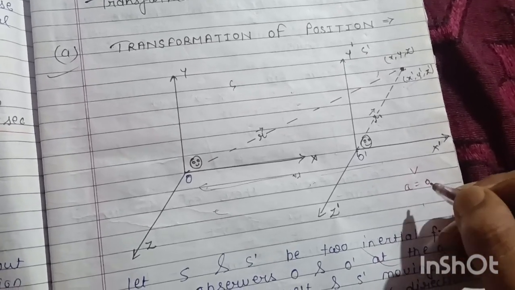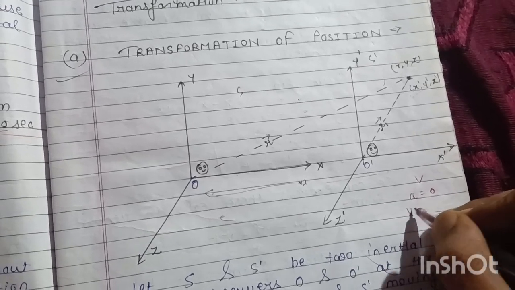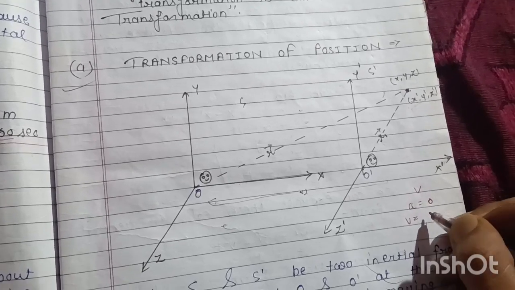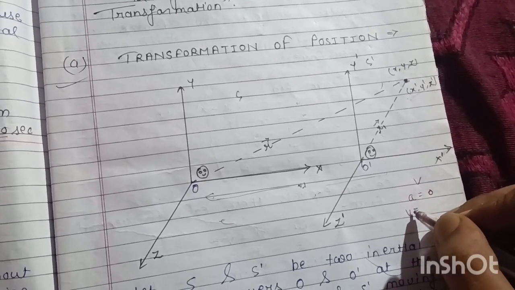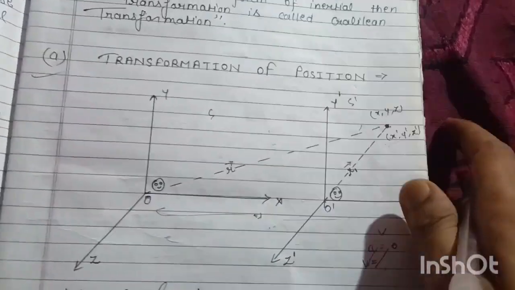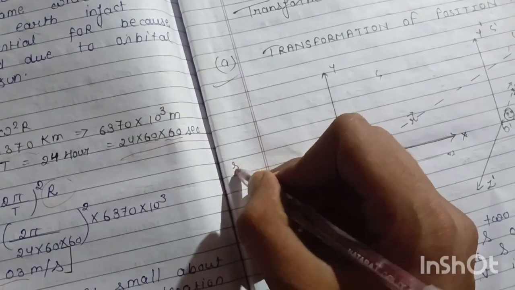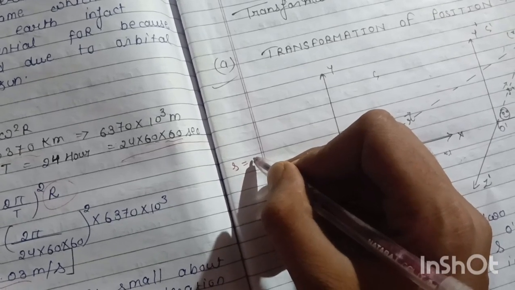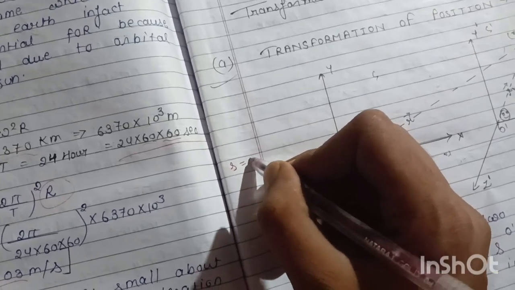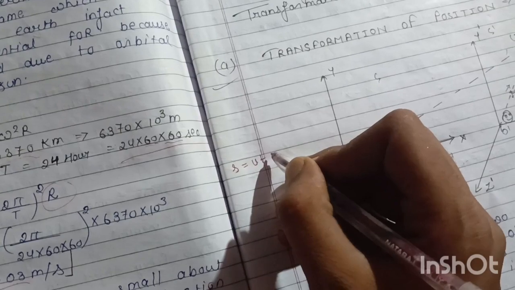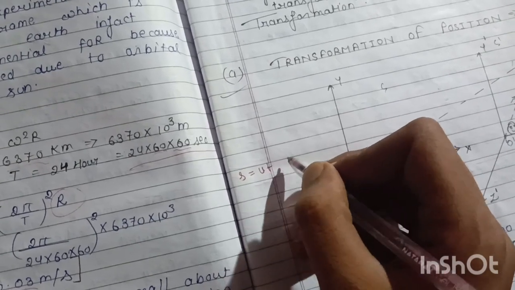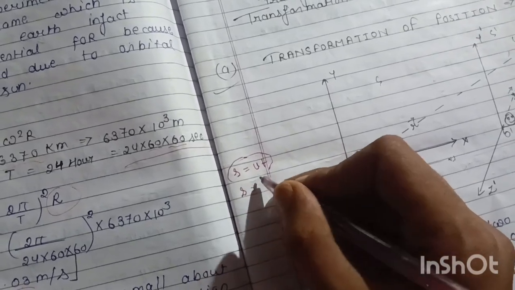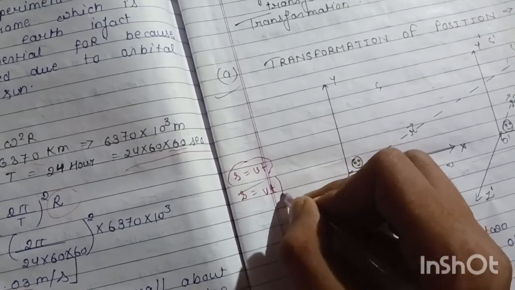So how much distance will it cover in t seconds? s is equal to ut plus half at square, and since a is 0, we will not write that. So distance will be ut, and for this case u is equal to v, so we use vt.